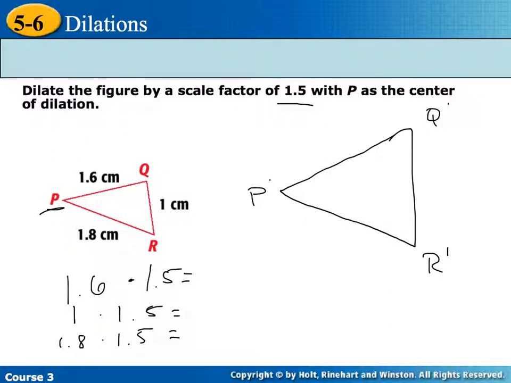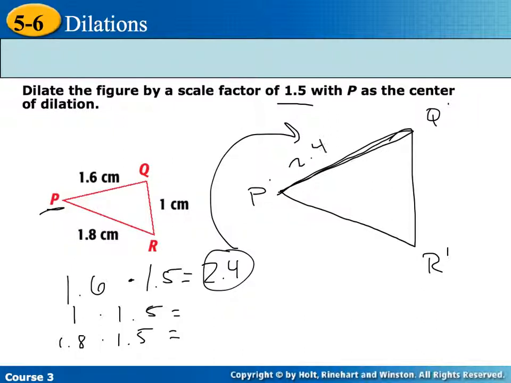And again, they become the same side. So if I look at PQ and P prime, Q prime, 1.6 times 1.5, what is that? 2.4. So that becomes my new length of P prime Q prime, 2.4 centimeters.